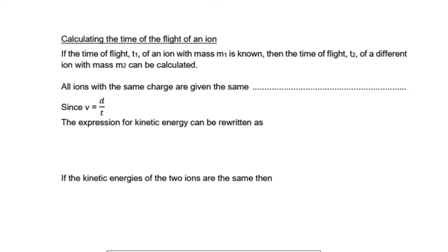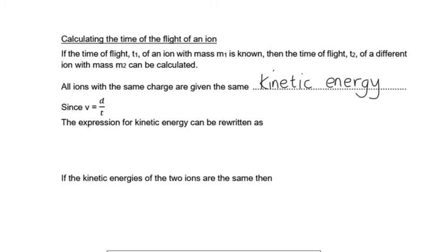So what we need to remember is that all ions with the same charge are given the same kinetic energy. As long as they've all got a 1+ charge, which is what we hope for in our mass spectrometer, they will all have the same kinetic energy.